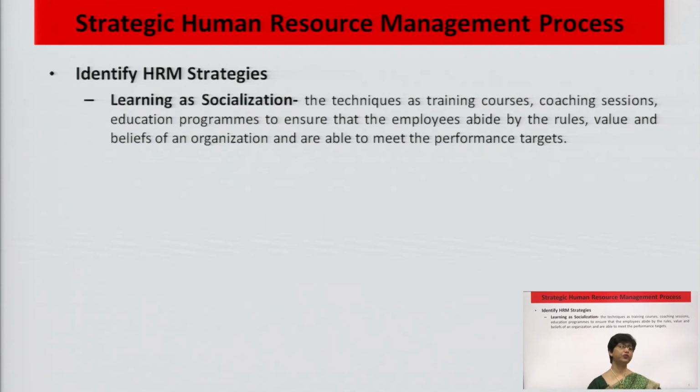Every employee is given a set of training programs, and if the employee is able to complete that, that is when he or she becomes eligible for a certain kind of job role. This is how an organization designs its training program.